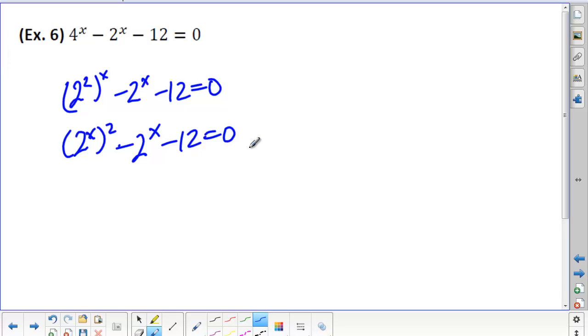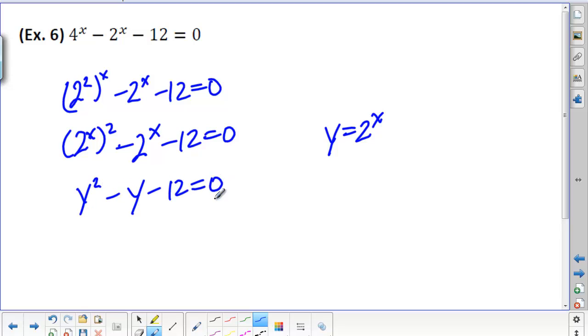And so what we have really here is a quadratic. If you say that y is 2 to the x, do a little substitution here. This is the same as y squared minus y minus 12, right? If you just replace the 2 to the x's with some temporary placeholder variable like a y.